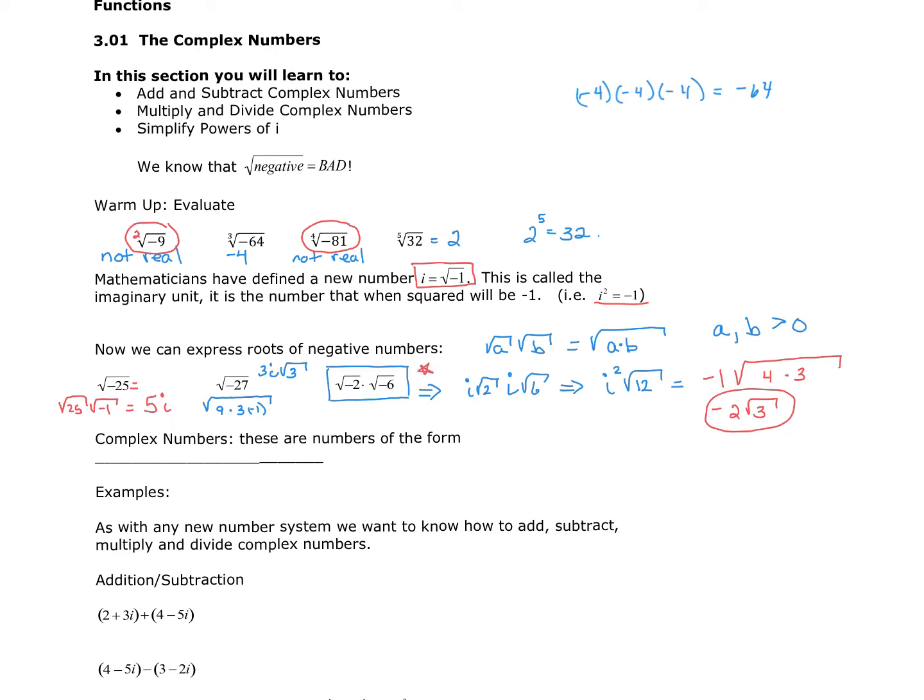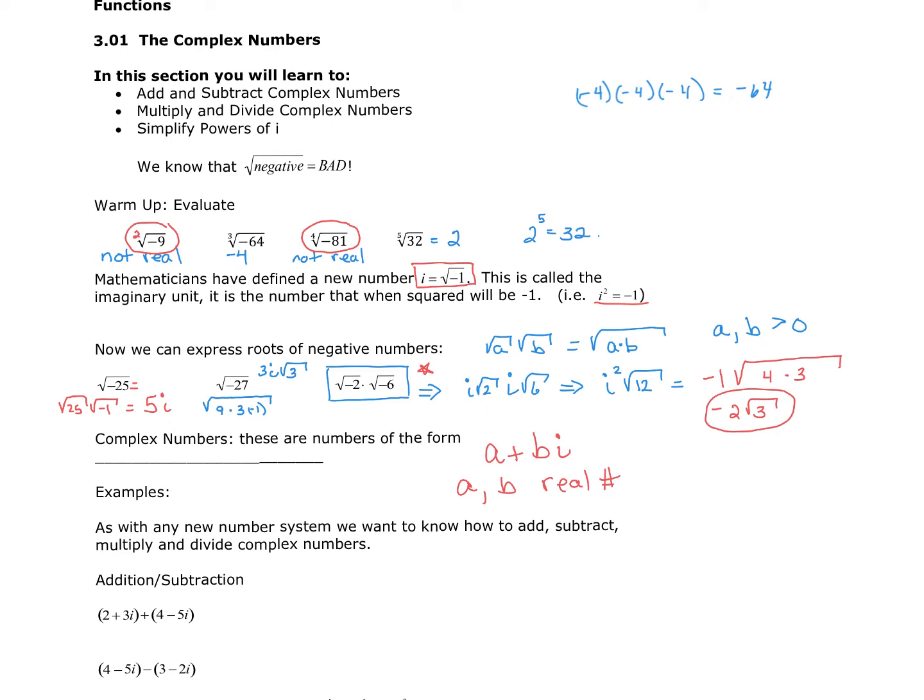Now, these are all imaginary numbers that have the i, but complex numbers are numbers of the form a plus bi, where a and b are real numbers. If you think about what that's saying, a or b could be 0.